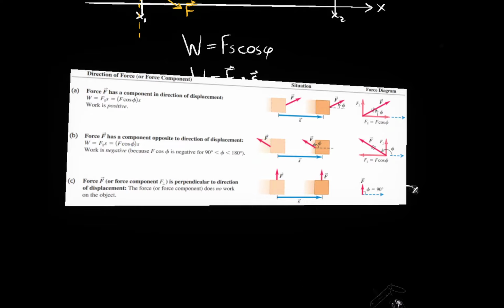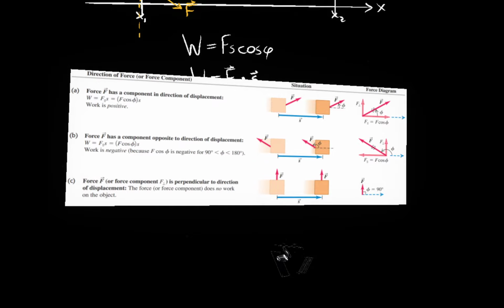So if the net force has a component that is in the direction of displacement, then work is positive. If the net force has a component opposite to the direction of displacement, then work is negative.